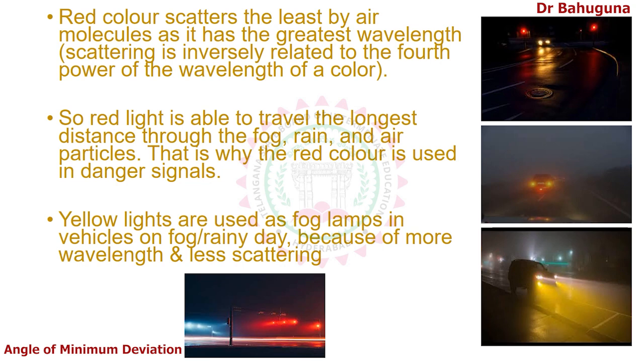So all these pictures give a clear visual understanding that when wavelength is more, scattering will be less, dispersion is less, deviation is less. So what are the applications? Red color is used as signals, first one. Second one, yellow color is used as fog lamps. That is the application because of this property.